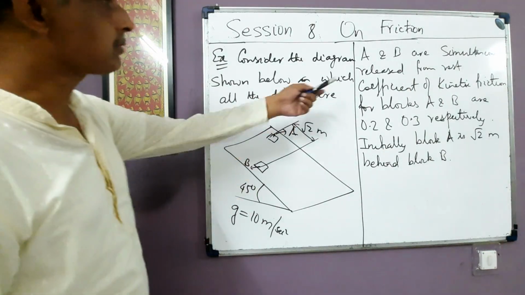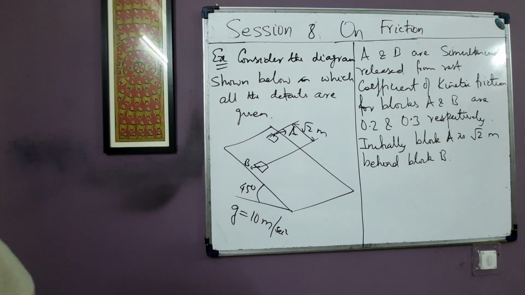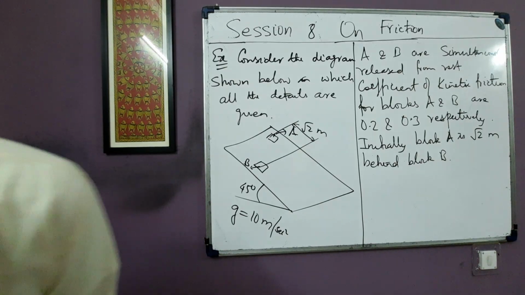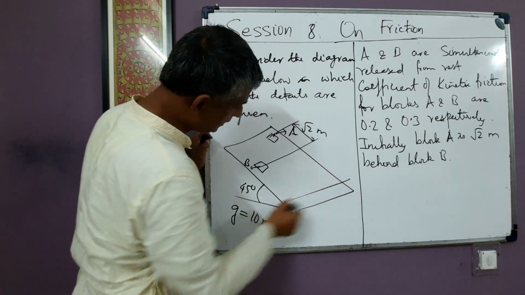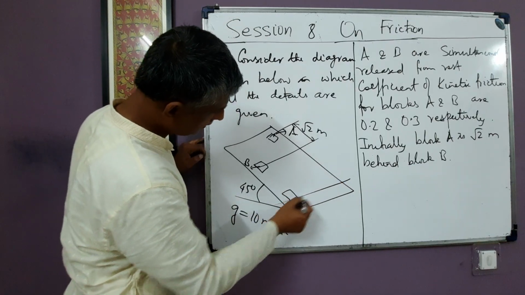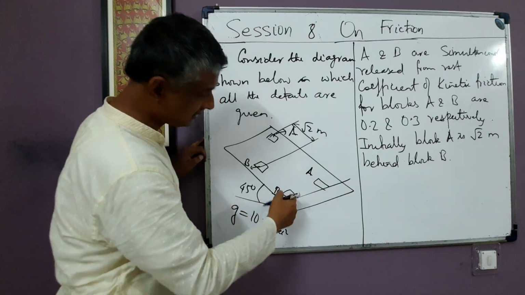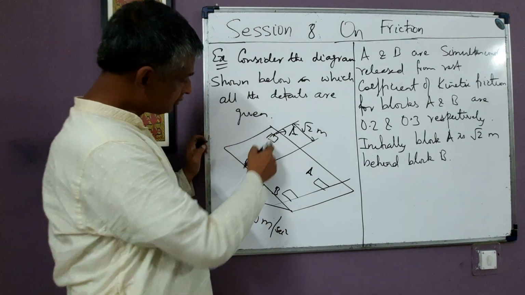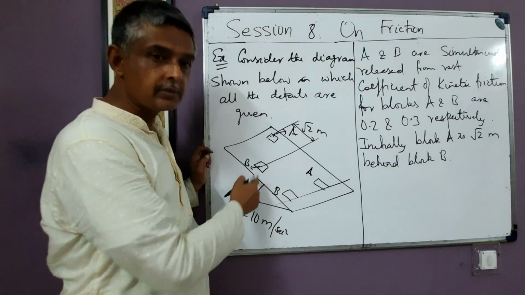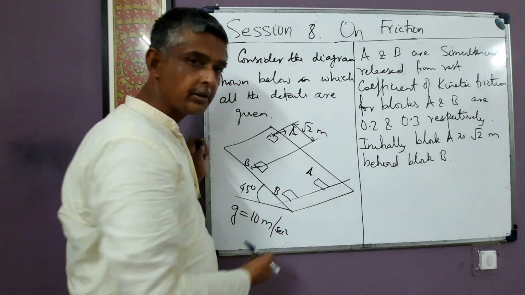Now the blocks are released from rest. Question is, where will the two blocks come to the same line? When they are released from rest simultaneously, then after some time A and B come on the same line on this inclined plane.